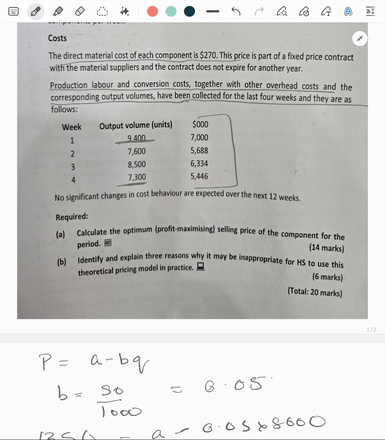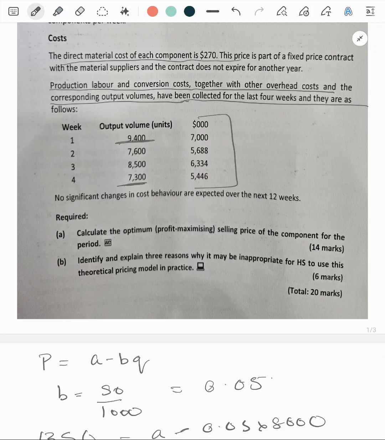Next part is identify and explain 3 reasons why it may be inappropriate for HS to use the theoretical price model in practice. There are a number of reasons why it may be inappropriate for HS to use this model in practice.